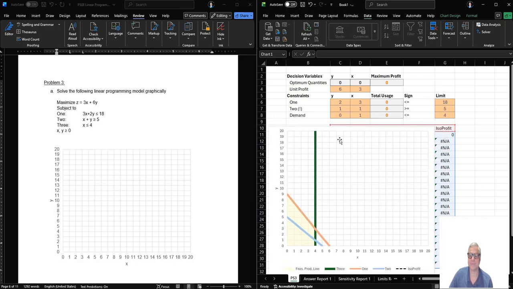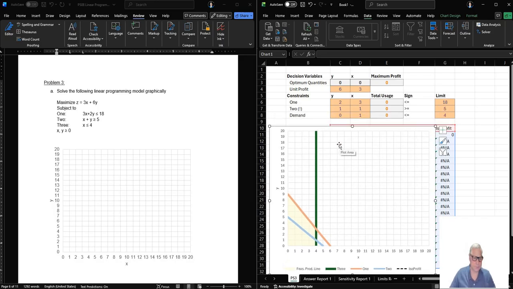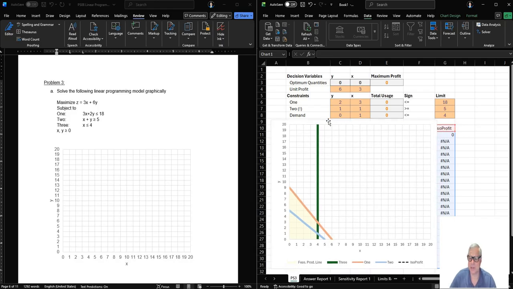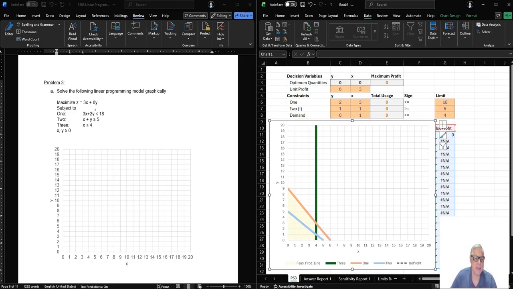Okay, so now, if we solve it manually, we would now add the ISO profit line, and of course Excel should generate that for us right now. But just to review again, so what is the ISO profit line?